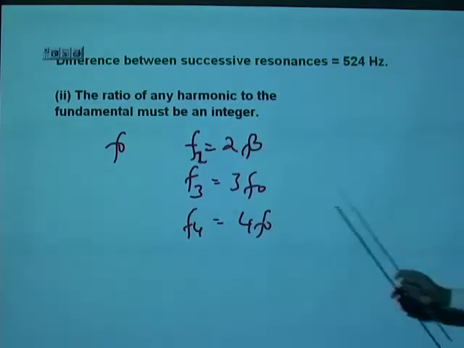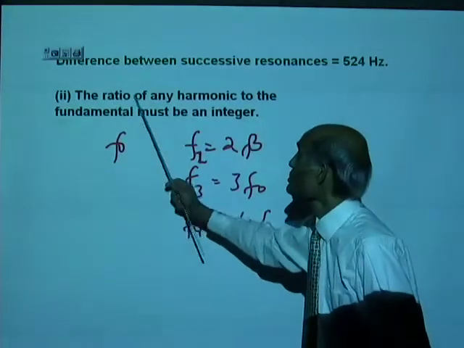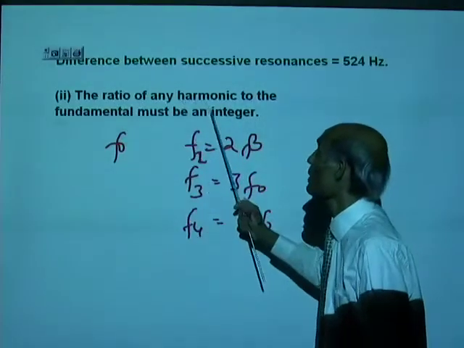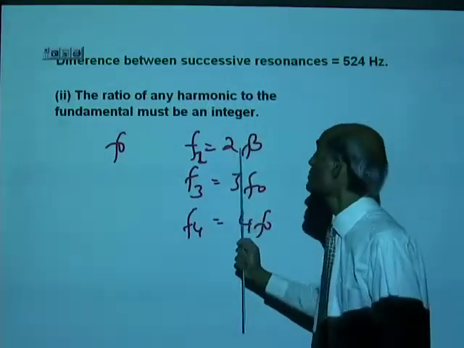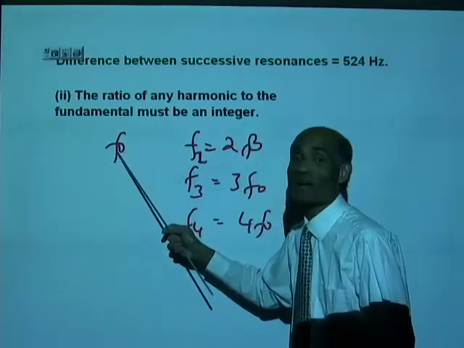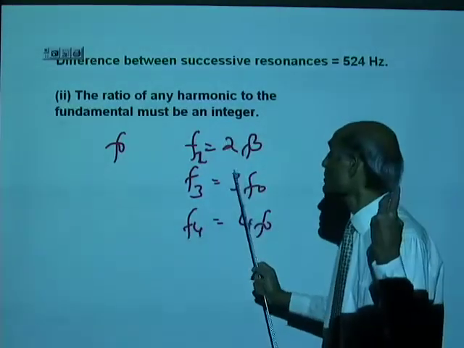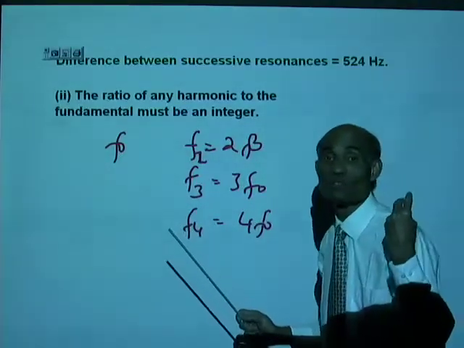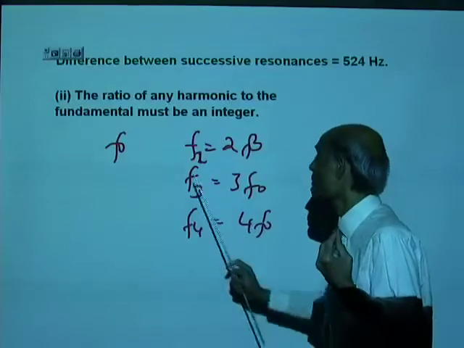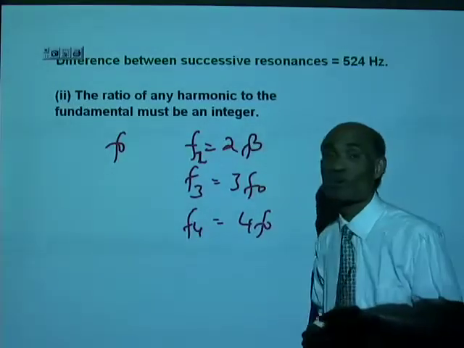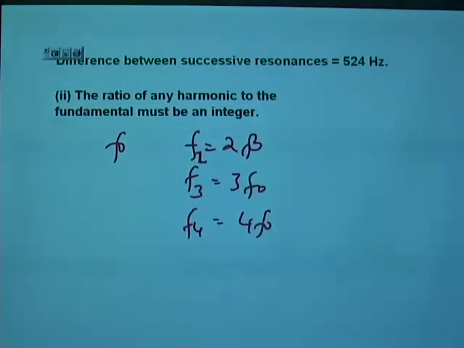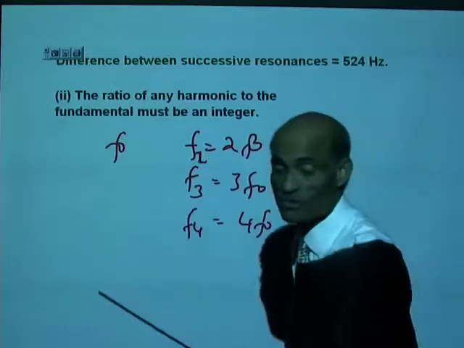Now what does this mean? It means the ratio of any higher harmonics to the fundamental must be an integer. 2 F0 divided by F0 equal to 2. 3 F0 divided by F0 equal to 3. 4 F0 divided by F0 equal to 4, and so on. Well, now can we check if this is true in this case?